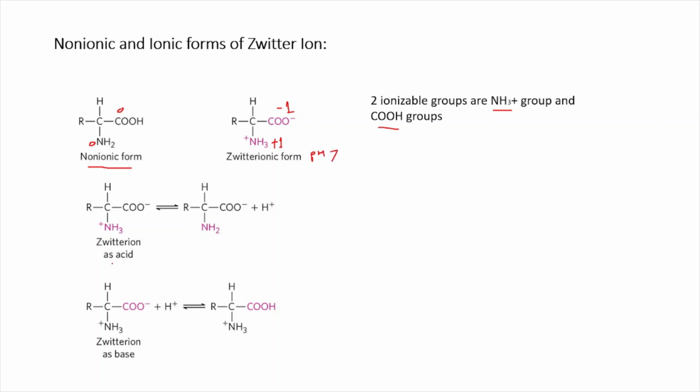Now this zwitterionic form can act as an acid by releasing the proton, or it can act as a base by accepting the proton, which I have already talked about before. So it depends upon the medium condition whether it will release the proton or accept the proton.